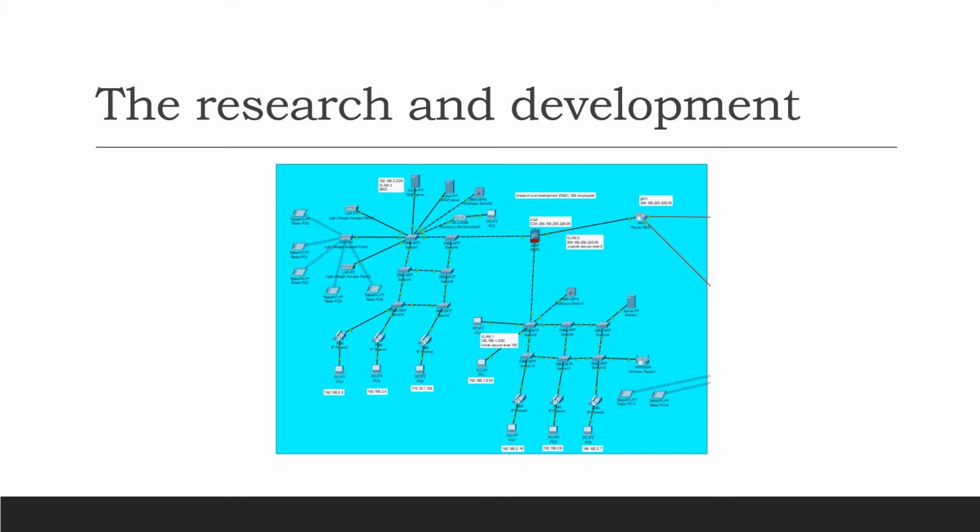And the main part here, you can use some technologies like ASA firewall, guest connections, VoIP solutions, and wireless routers, and some servers like DMZ server, DHCP server, and multiple switches, and these switches enter together into one network.